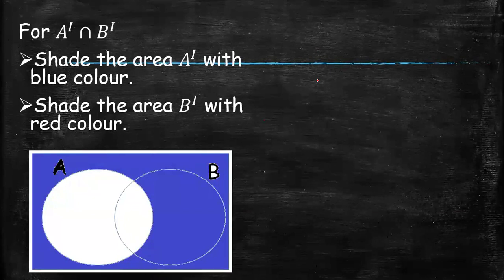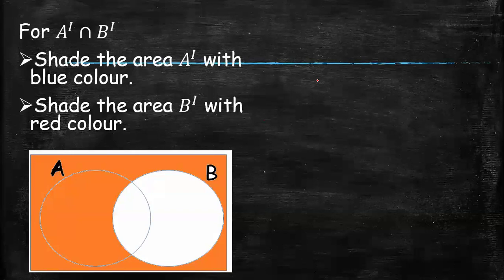So we began by shading A prime with the blue color, like you can see in the Venn diagram. Then it is followed by shading the area B prime with the red color.